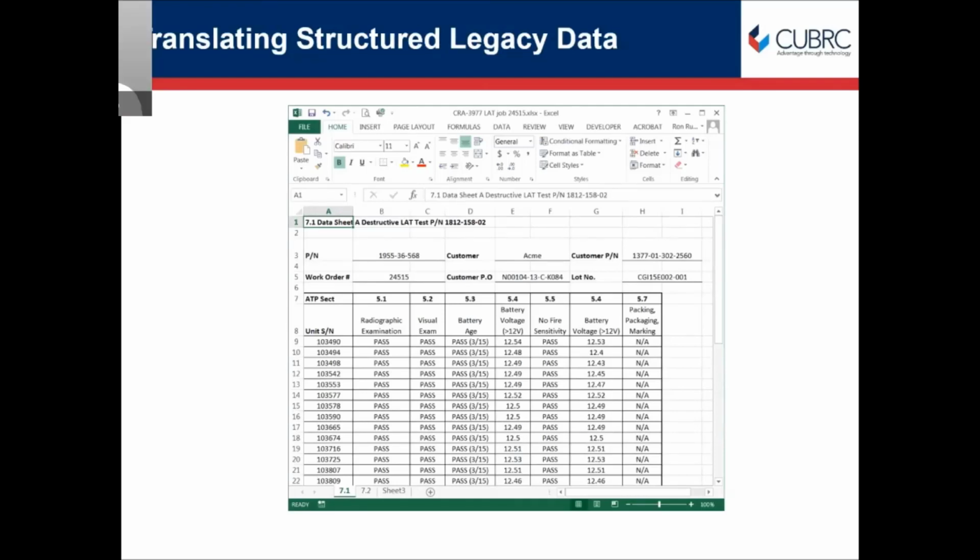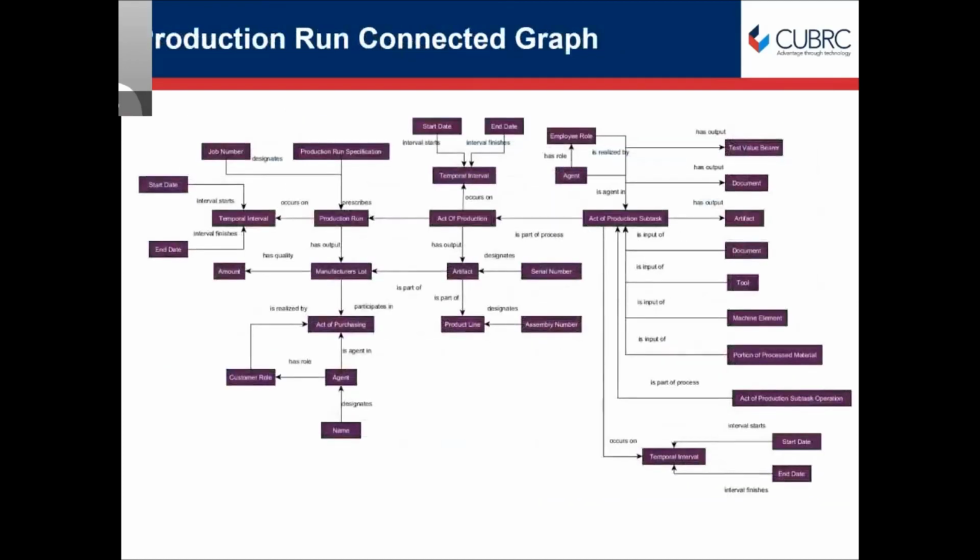So if you're trying to create a graph like this one, and all of these are instances, imagine them as data points. So this production run square is really a data point, and it's production run 25414. You've got some test results over here, and you want to make sure that you can say, oh, this test result, part of this production subtask, is part of this active production that went into this production run.